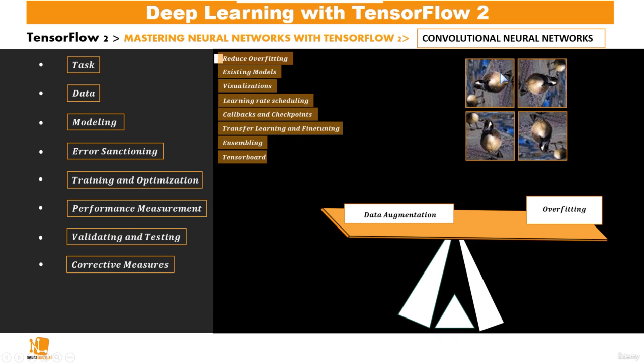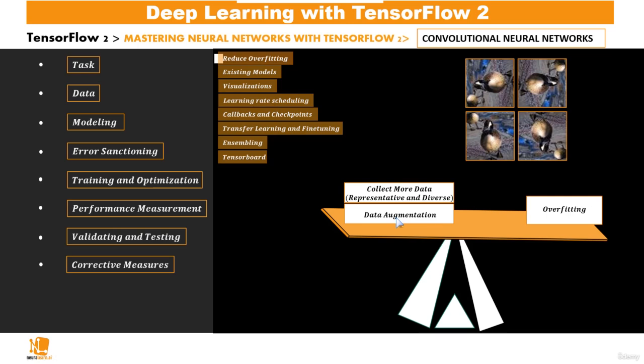Generally, in problems like this, we could adopt many other strategies. So we could crop, we could flip, we could rotate, we could do many other transformations on one of the images in the data set, such that we could have much more data to train on and hence reduce overfitting.